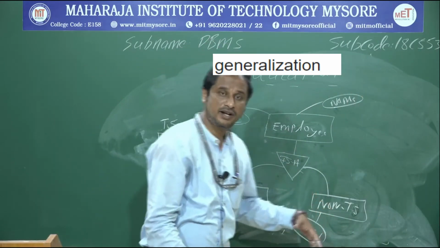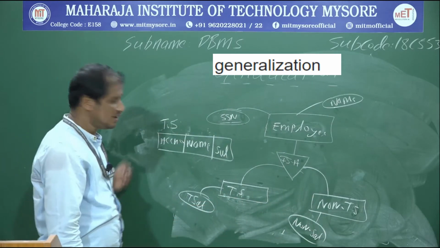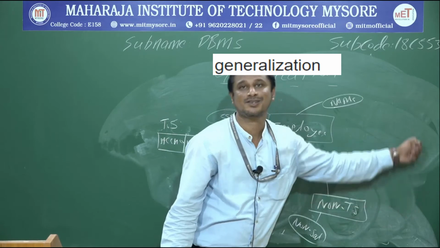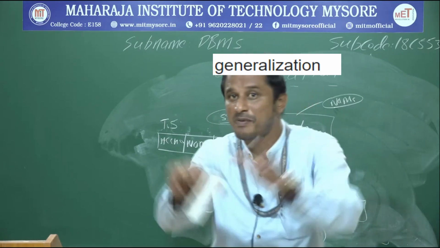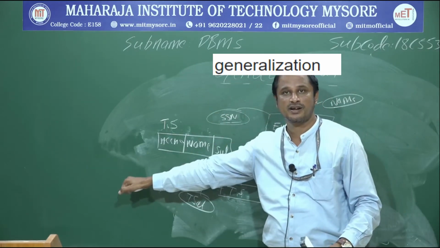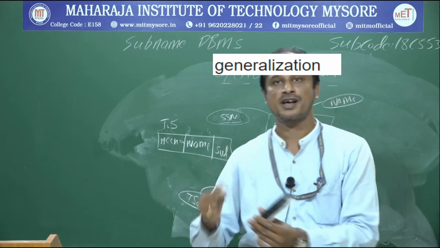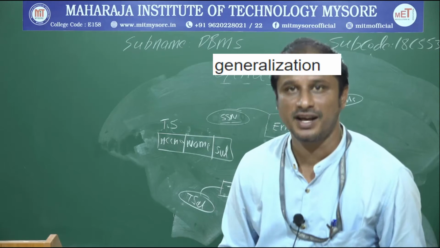When I go for ER diagram writing, teaching staff teaches subjects. Non-teaching staff handles the classrooms, right? So the representation goes in a different way. If I go for employee teaching students, I cannot write it, right? If I go for my organization and say that employees work for department and employees manage students, I cannot say it like that.